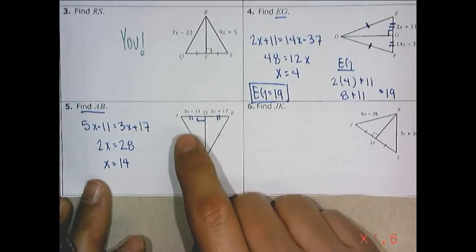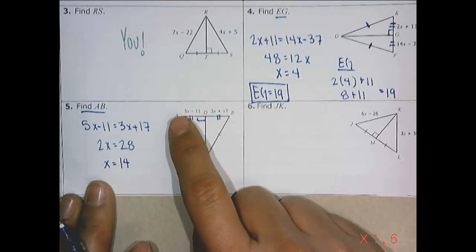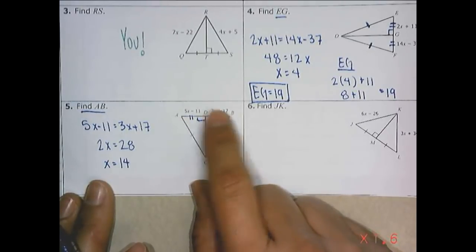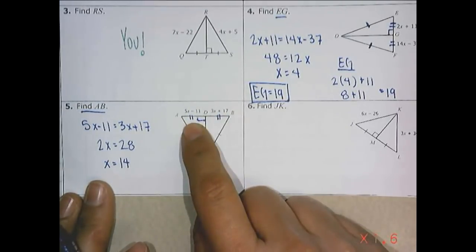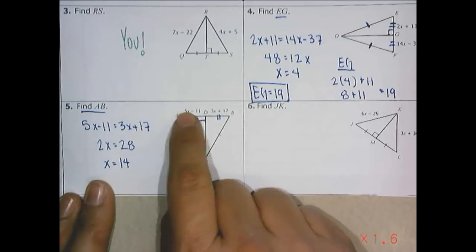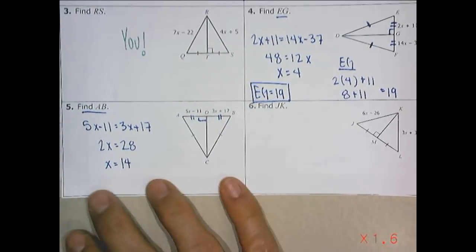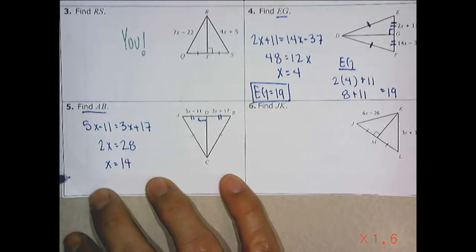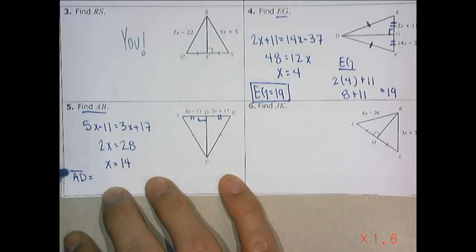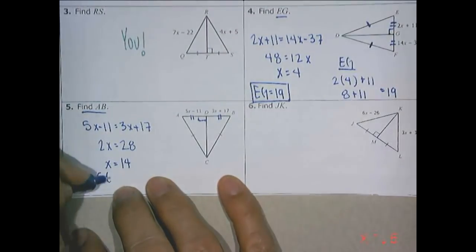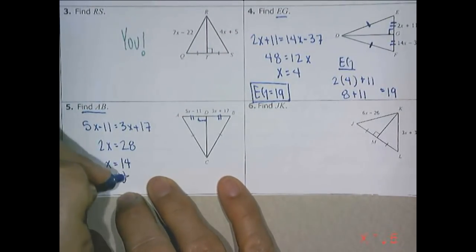All right, this time I need to plug it in, right? I can choose either of these to plug it into, but remember I'm finding AB the whole thing, so I'll need to times that by 2 in the end. So now I'm going to find AD first, all right? And that's going to be 5 times 14 minus 11.